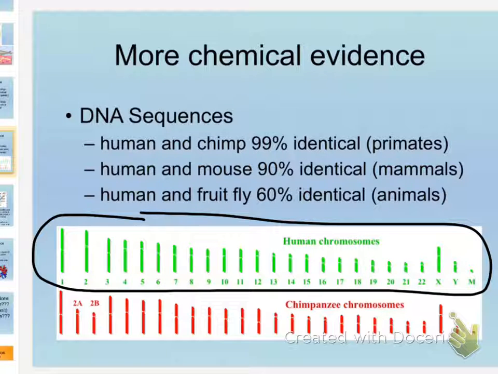Chimps have 24 pairs. And if you look closely at chromosome number 2 in humans, it adds up to the same length as what are called 2A and 2B in chimps. And there are these special little areas on the end of chromosomes called a telomere. Telo means end.